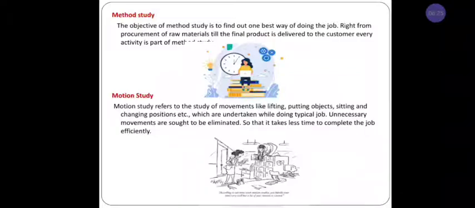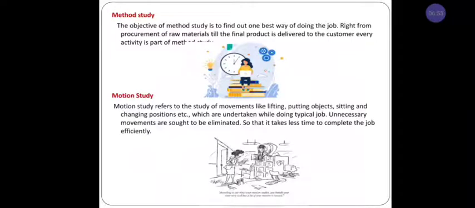The main objective of motion study is eliminating unnecessary jobs or tasks, so we can complete the job effectively. In an organization, all workers should know all the work, because if any worker is absent, the manager can allot that work to another worker.